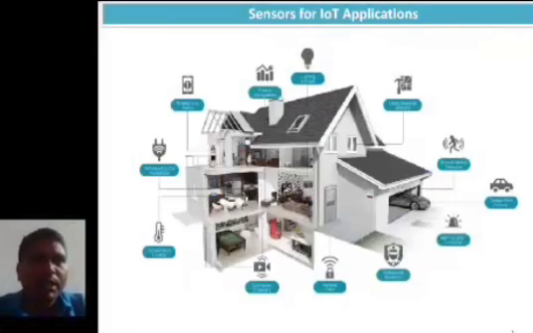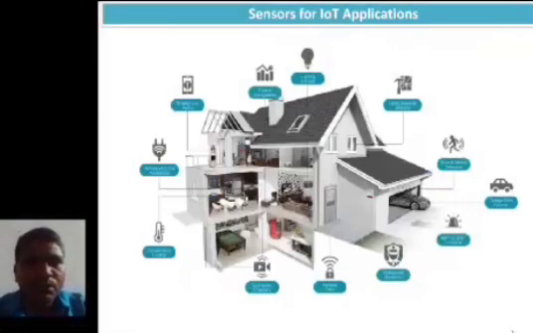In IoT, everything starts with data, but data does not come automatically. The reason behind this is the basic element or small device. As I said earlier, the sensor will collect the data from the physical environment.